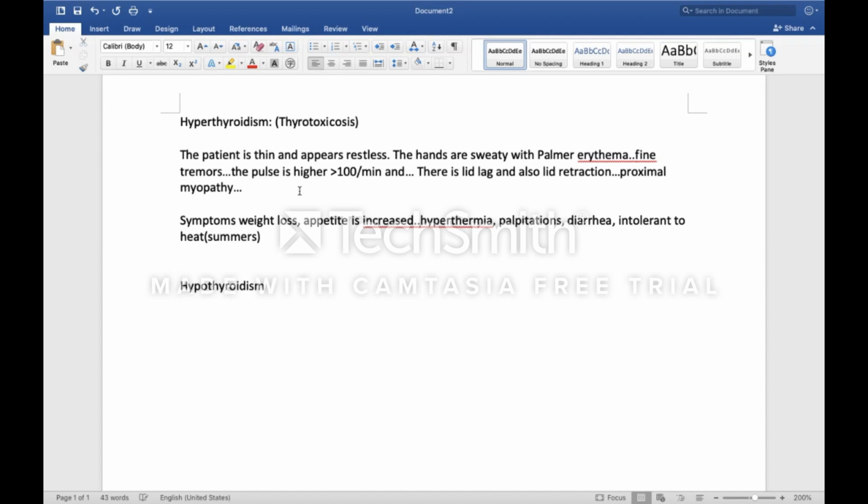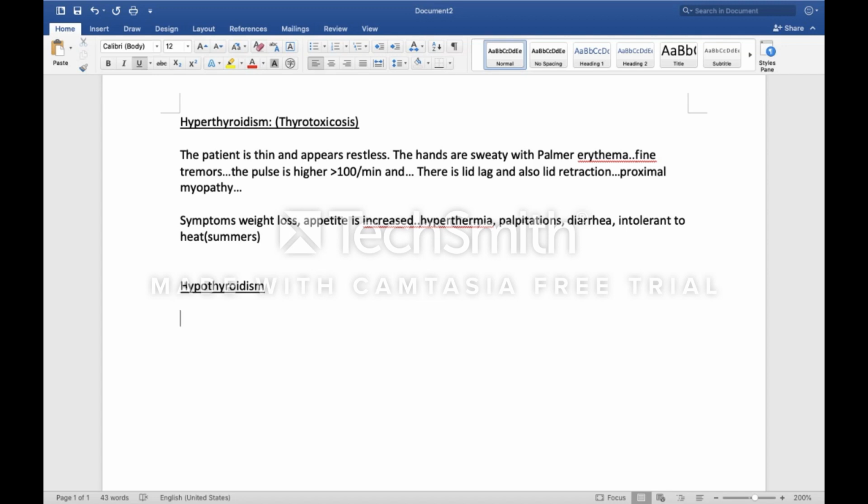This is the typical presentation of patients who have hyperthyroidism. Now, on the other hand, in hypothyroidism there are many other features, like in females a problem with their menstrual cycle, blood flow, and all this stuff. We will talk about that in a while.